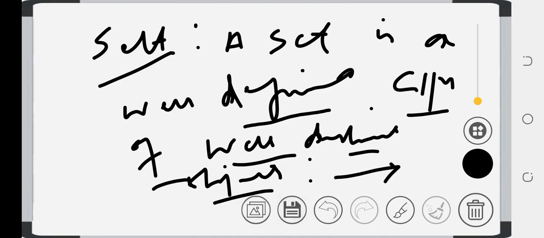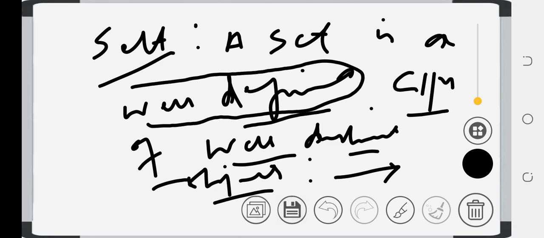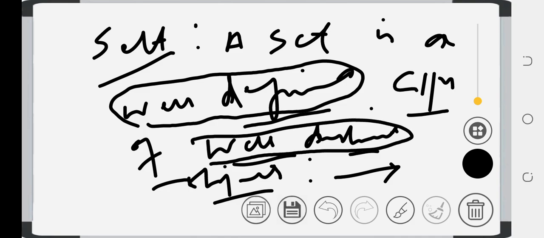But here the question arises: a set is a well-defined collection. What is the meaning of well-defined? What does well-defined mean? And another word is well-distinct. These two words are the basic and meaningful words in this definition.